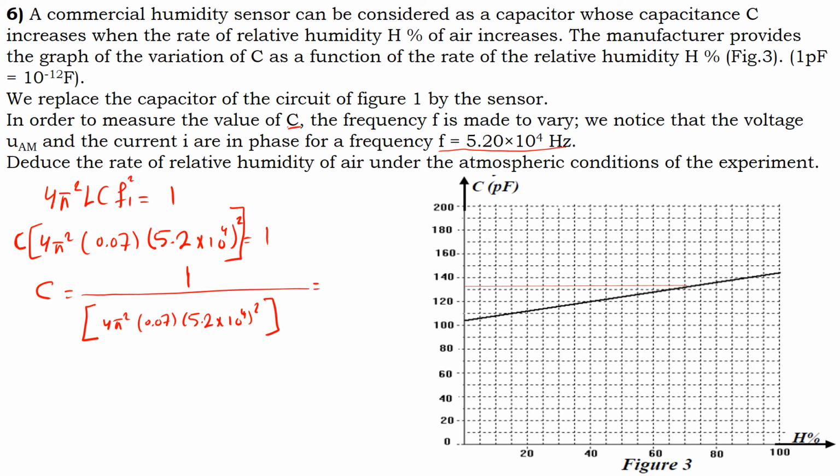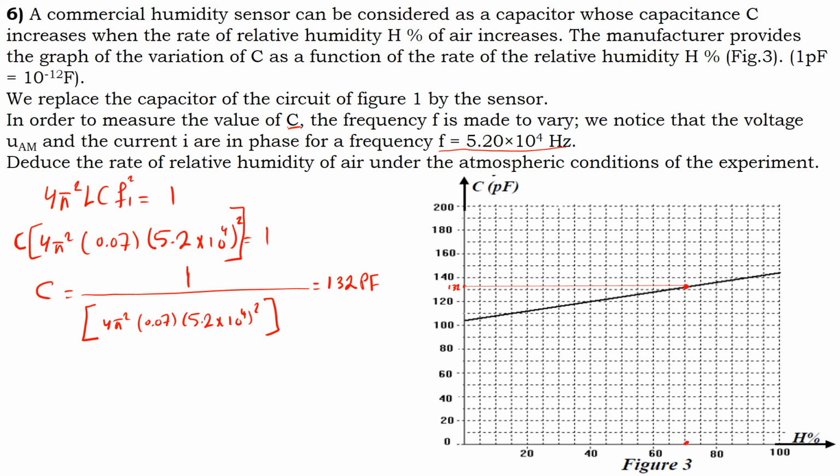We get the answer for C as 132 picofarad. Now I put a line there, so this is 120, 130. I will assume that this is 132. If I follow the line till I reach the curve, I will find that it crosses the curve at this point. So we have 60, 65, 70, 75, 80.